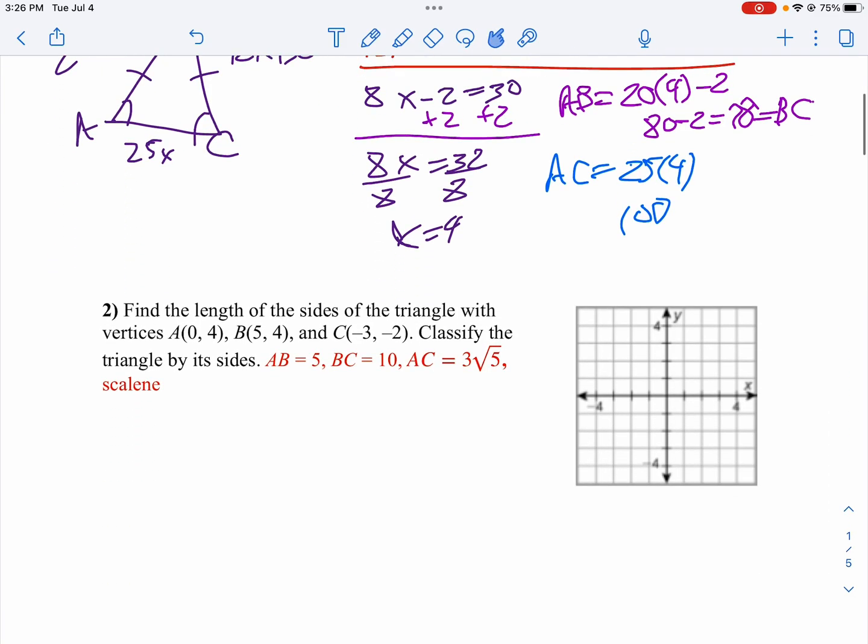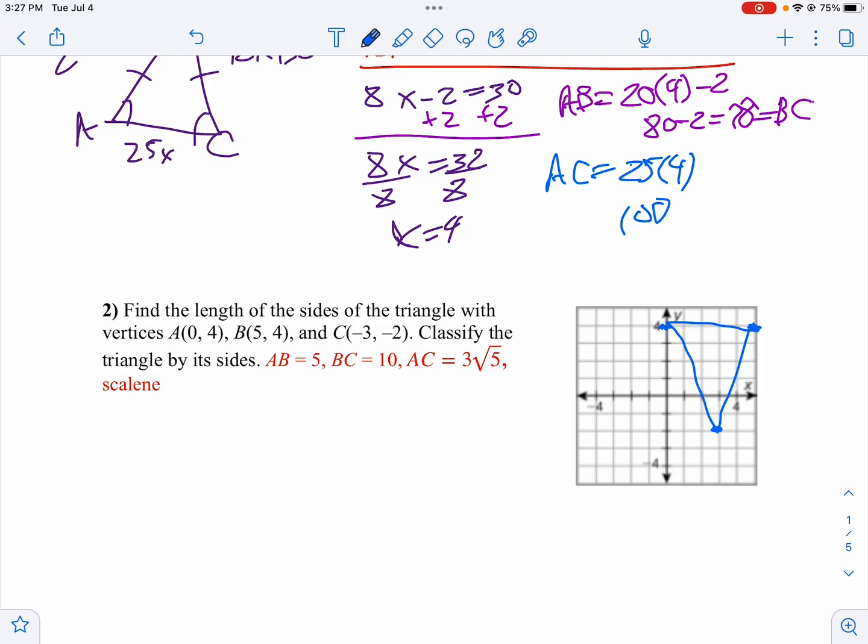Now in question number 2, you want to find this triangle. We're told A is at 0 and 4, B is at 5 and 4, and C is at negative 3 and negative 2. And we want to find the length of each side.